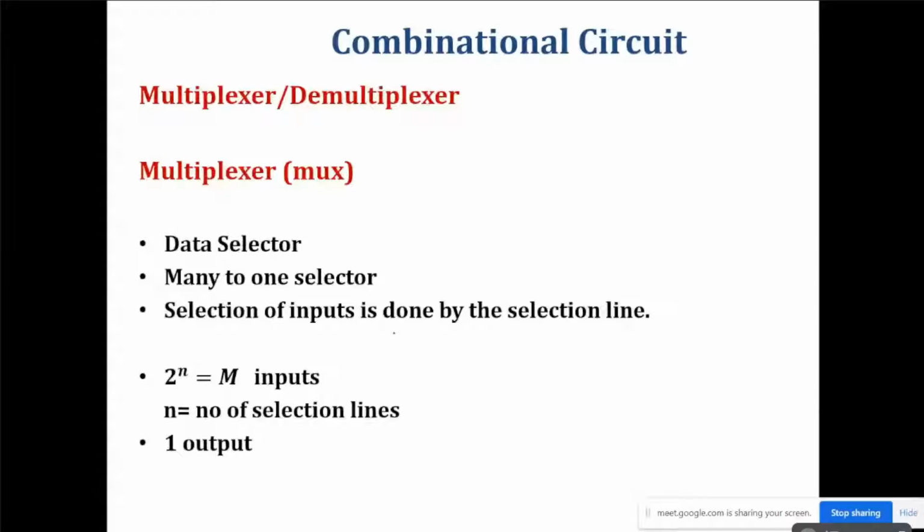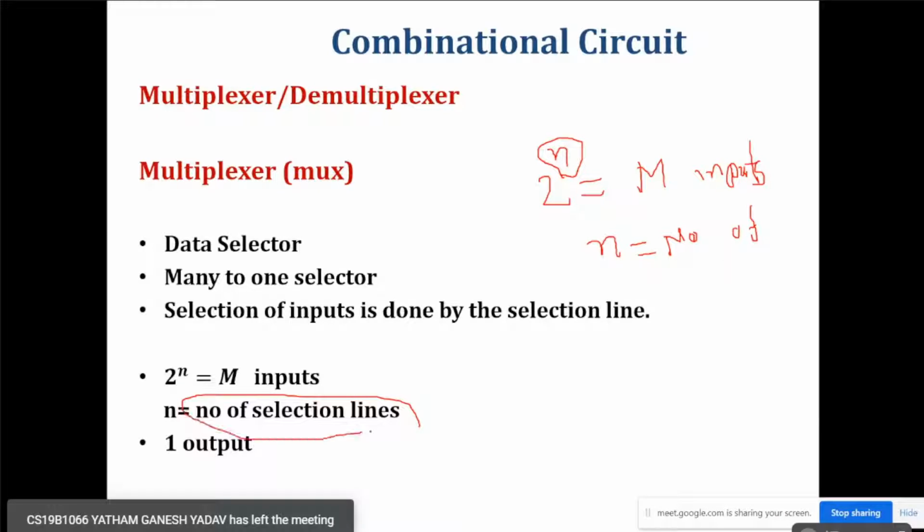Suppose there are 2 to the power n data, and 2 to the power n is equal to m, the number of inputs or sources. How do we decide the selection lines? It depends on n. So n is equal to the number of selection lines.